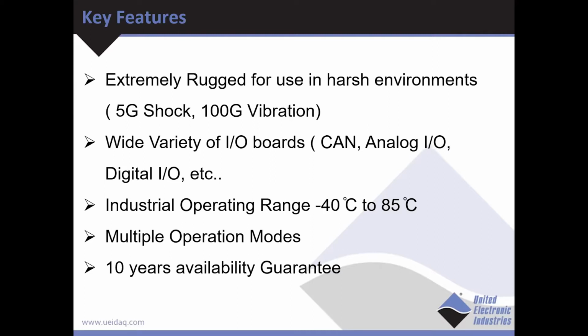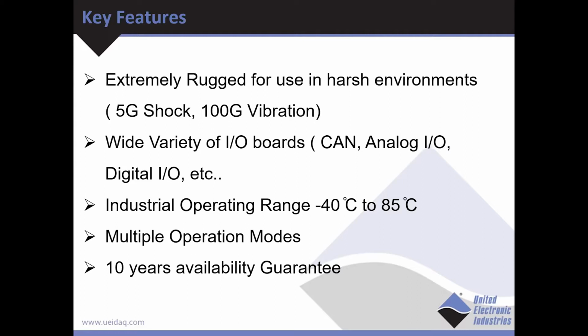Another advantage is the 10 years availability guarantee on all these products. The 10 years availability guarantee is from the day we call end of line for these products. From the date we call end of line, the products will still be available for 10 further years. So the obsolescence issues are being handled by us.